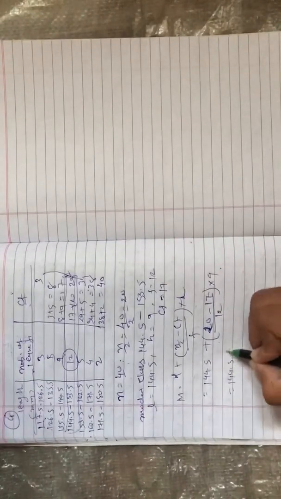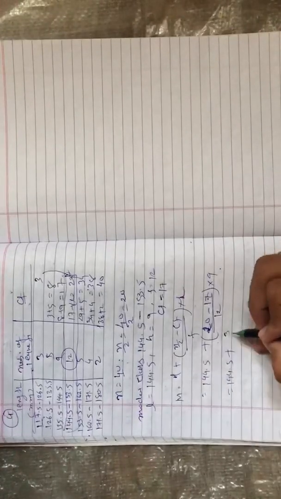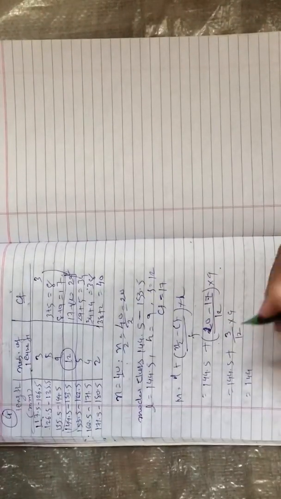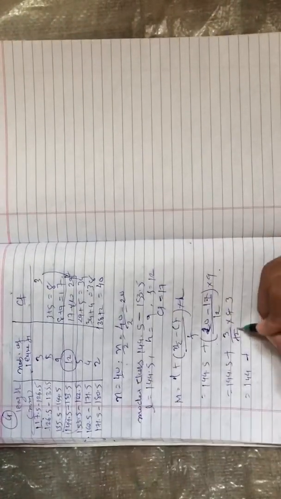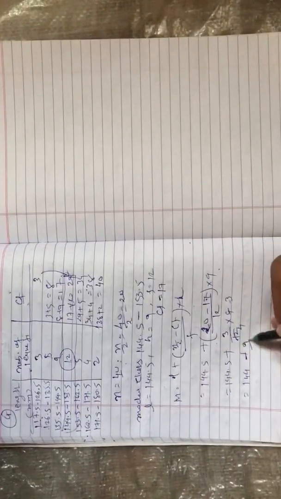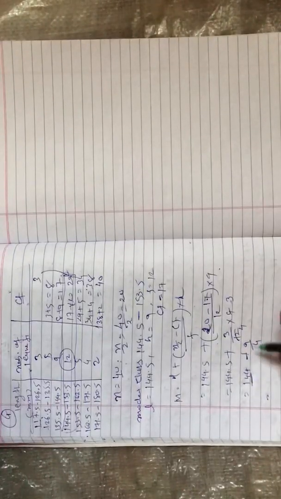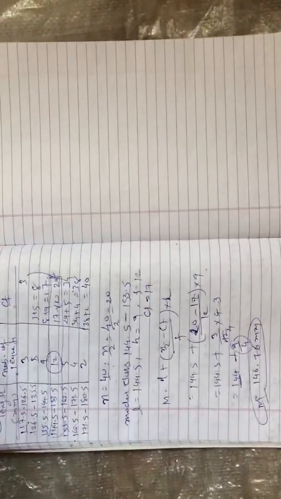So 144.5 plus 20 minus 17, the answer is 3, divided by 12 into 9. 3, 4 3s are 12, 3 3s are 9, cancel out. So 3 into 3, 9 divided by 4. We get the answer and add it to 144.5. So we get the final answer 146.76 in mm unit. Therefore the value of m is equal to 146.76 mm.